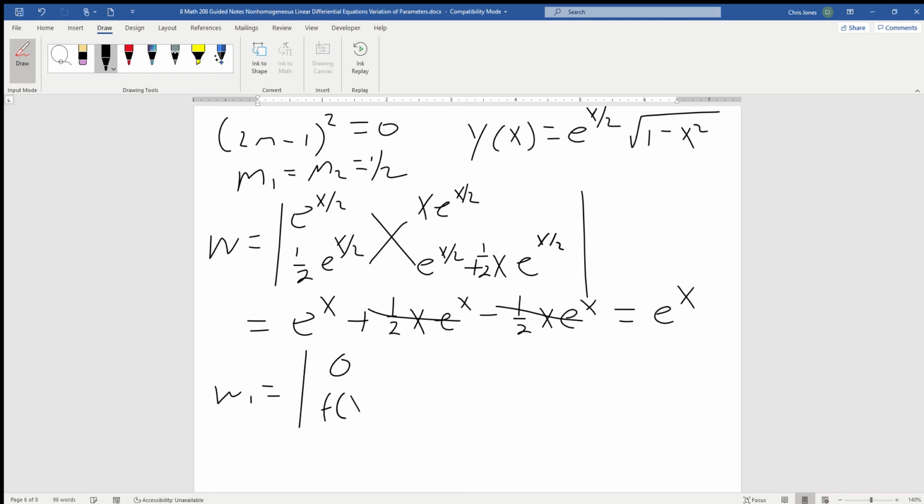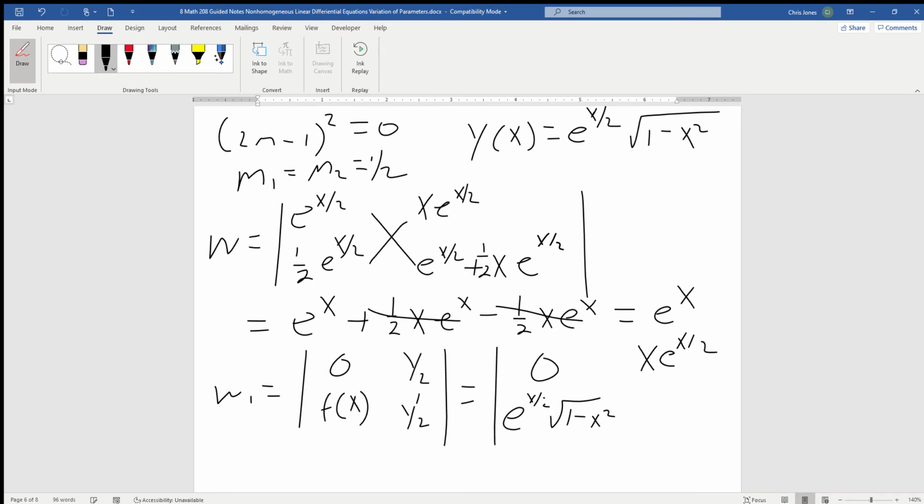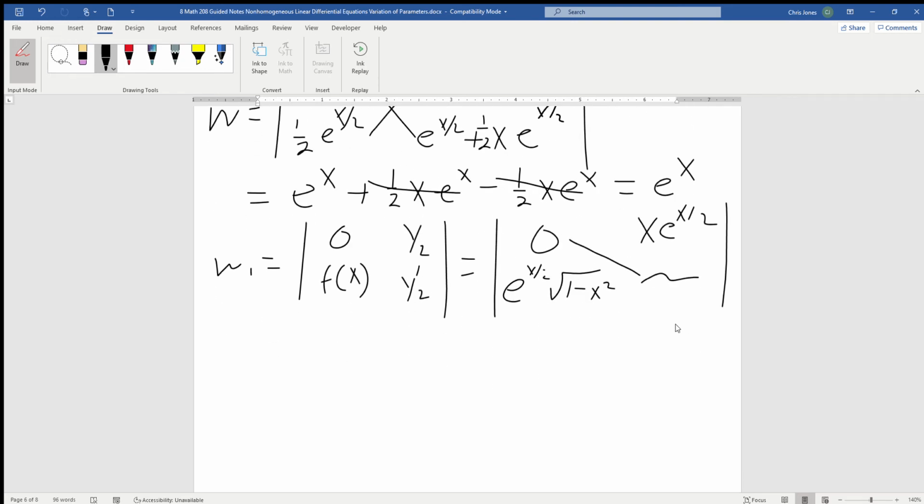Right, w1. 0, f of x, y2, y prime 2. 0, e to the x over 2 root 1 minus x squared, x e to the x over 2, and the derivative doesn't even matter, because when we multiply down we get 0, and then when we multiply up we're going to get a pretty ugly term there, so we end up with 0 minus x e to the x root 1 minus x squared.